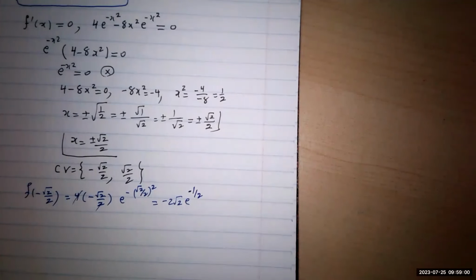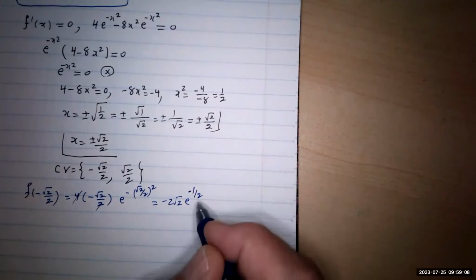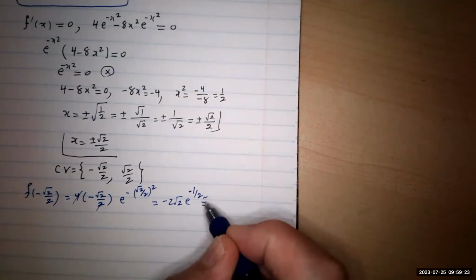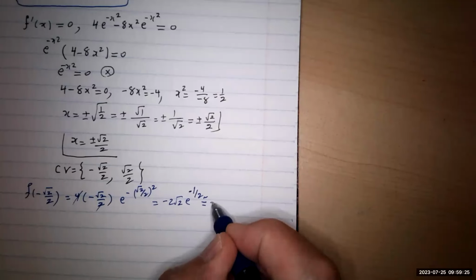Negative 2 radical 2 e to the negative 1/2. You can use your calculator to estimate it. Radical 2 is going to be 1.4. You can check it, you get a negative 1.7.